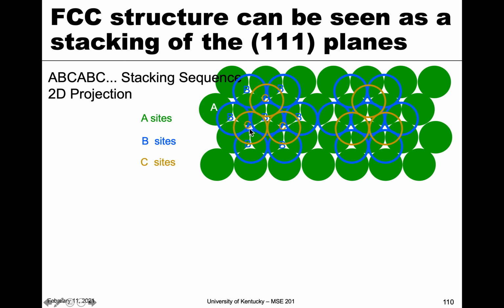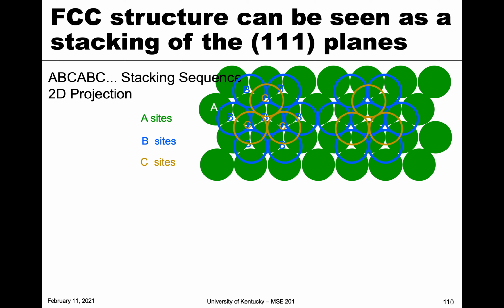So they're basically over an empty spot of both. You can see the white going all the way through. So we call these the C sites because they are different positions than either the A or the B. So you can see the progression A, B, C. So we're shifting each one of them slightly differently.